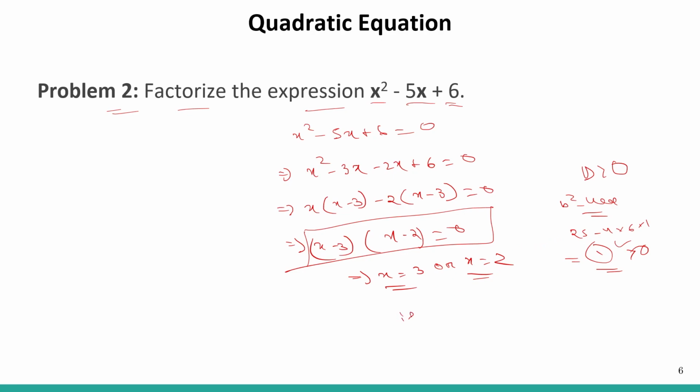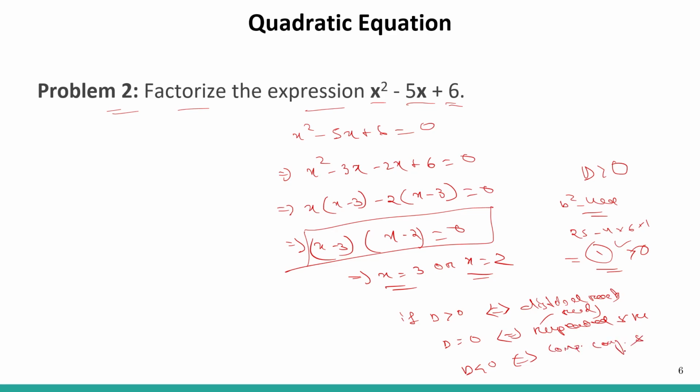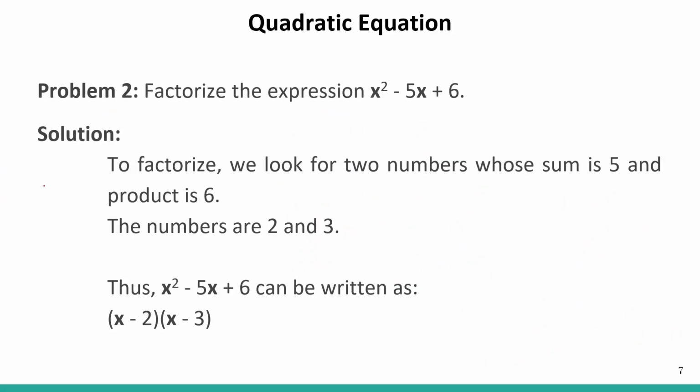If d is greater than 0, then the roots are distinct and real. If d is equal to 0, the roots are repeated and real. And if d is less than 0, the roots are complex conjugate and imaginary.